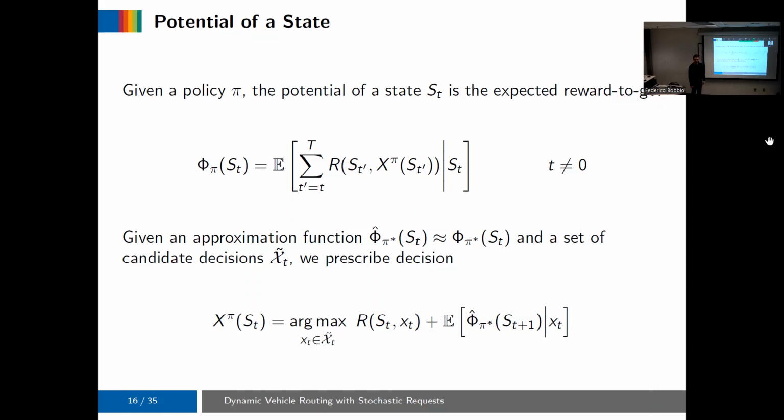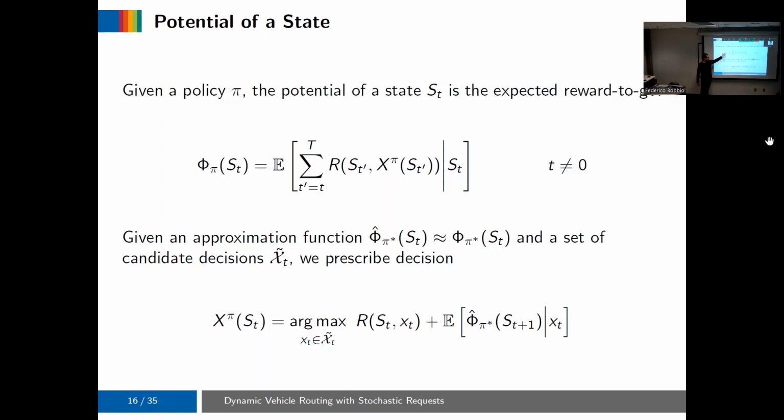Yes? Quick question. Is the expected number of clients that you're going to accept, or the number of clients that are going to propose? Is it the offer or the demand? You mean the definition of this potential?